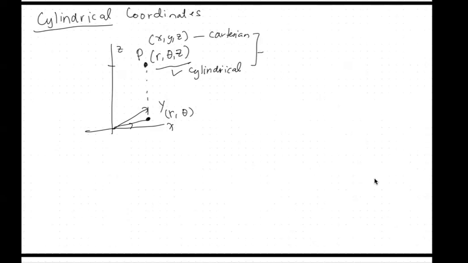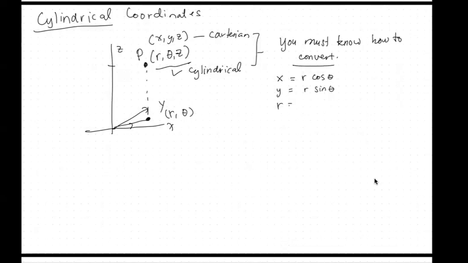Of course, you must know how to convert. So for the conversion, your x and y are as follows: r cosine theta, r sine theta, and then r squared is x squared plus y squared, and your tangent of theta is y over x.